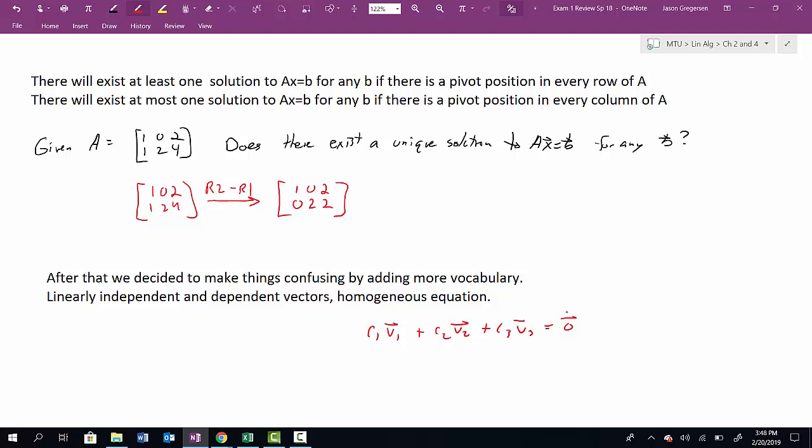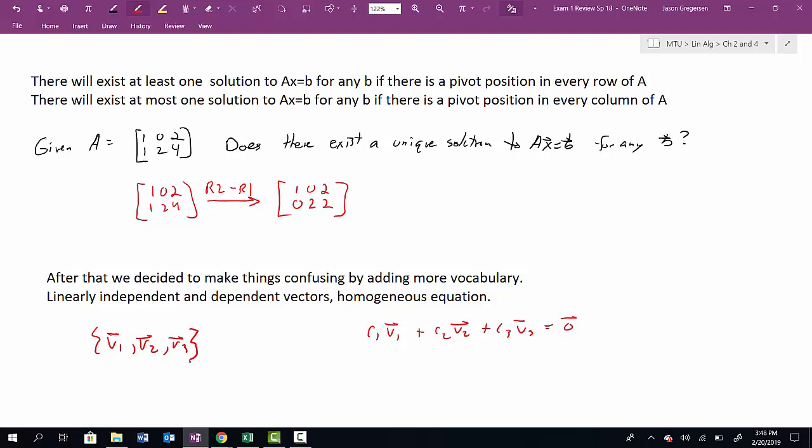We said that the vectors V1, V2, and V3 were linearly independent if and only if the only solution to that vector equation was the trivial solution. The only solution was C1 is 0, C2 is 0, C3 is 0. That's the way we defined linearly independent. Any questions about that?